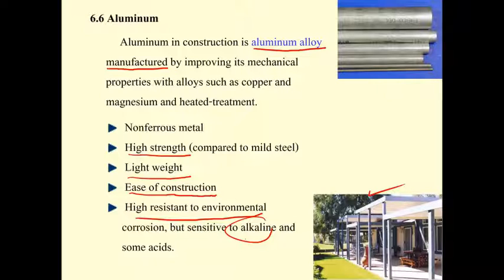Okay, the concrete will destroy the aluminum easily, and it doesn't like some acids. That means you cannot use it in some kind of water treatment plant that has some acid in it.